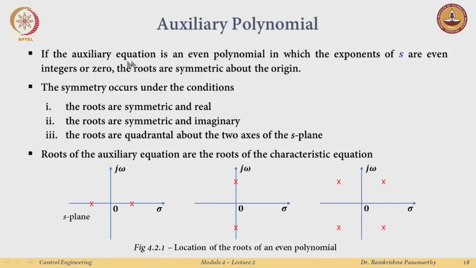The auxiliary polynomial's highest power is of course an even number, like S4, S square and so on, or maybe say S6 or S8.